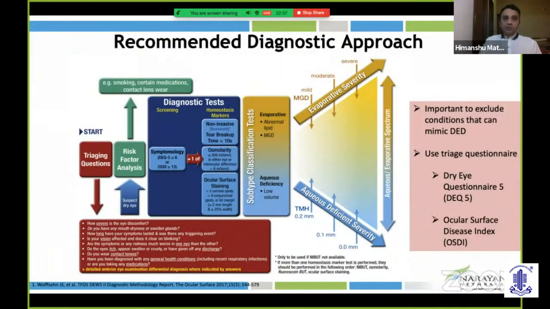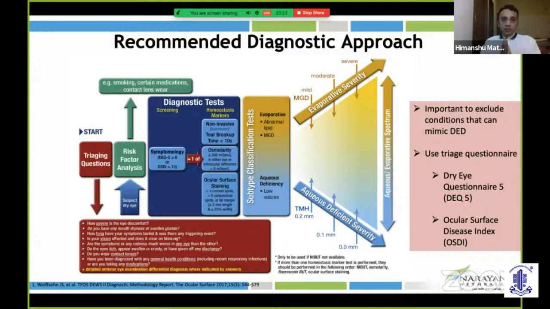Diagnostic approach-wise, DEWS told us that we have triage questions which involve many things like discomfort and dry mouth. Once the triage questions lead us to a dry eye patient, we start with the diagnostic tests, and I'm limiting myself to the diagnostic part here.